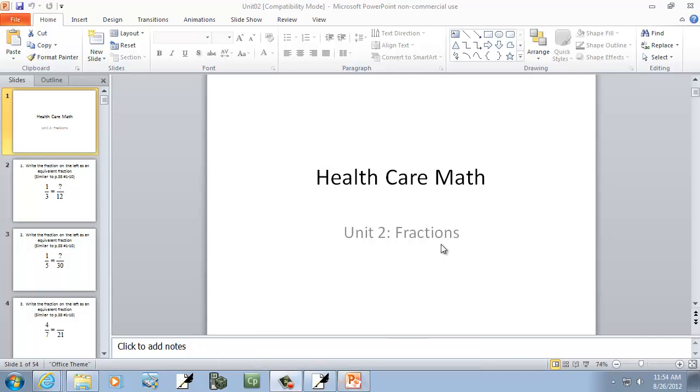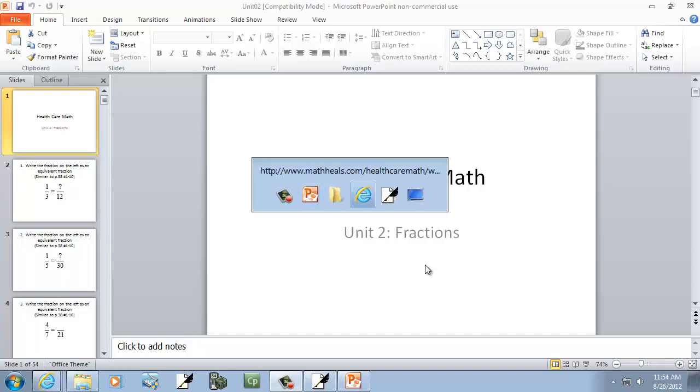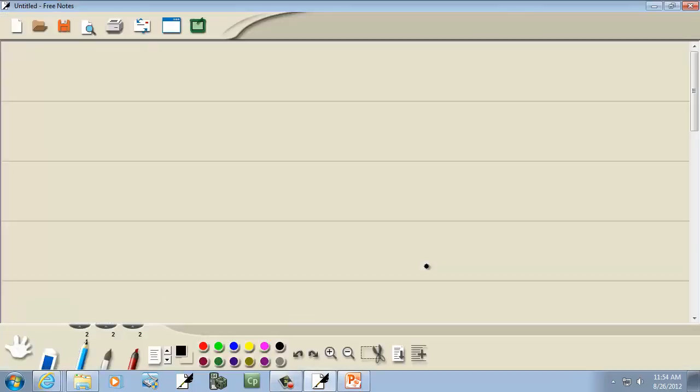This is Unit 2, Fractions. So let's talk about fractions a little bit. Fraction, we have a line going across like this, something on top, something on the bottom.